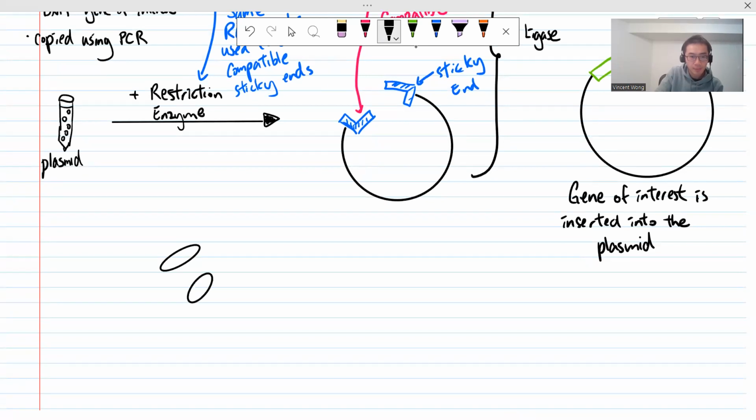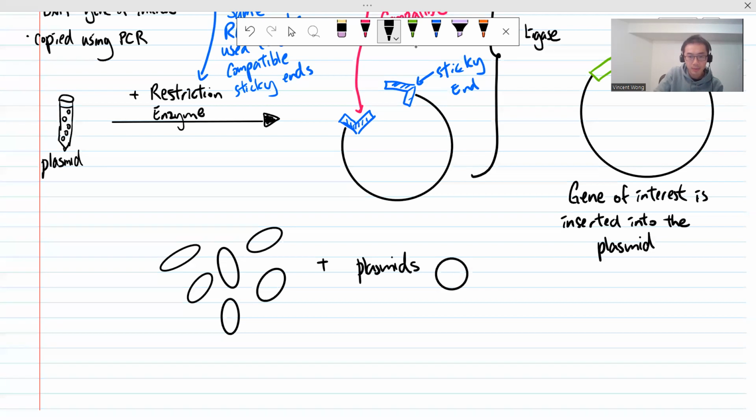Okay, bacteria. And then you're going to add the plasmid. The plasmids are these guys, right? Okay. Remember, the plasmid has your gene in it.